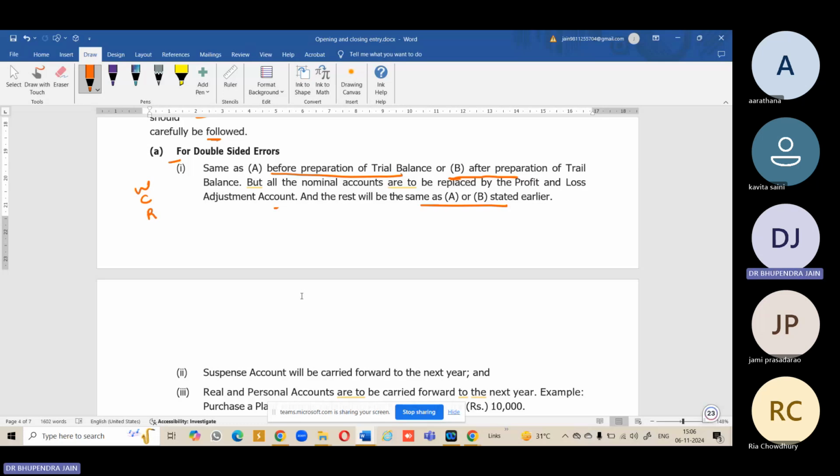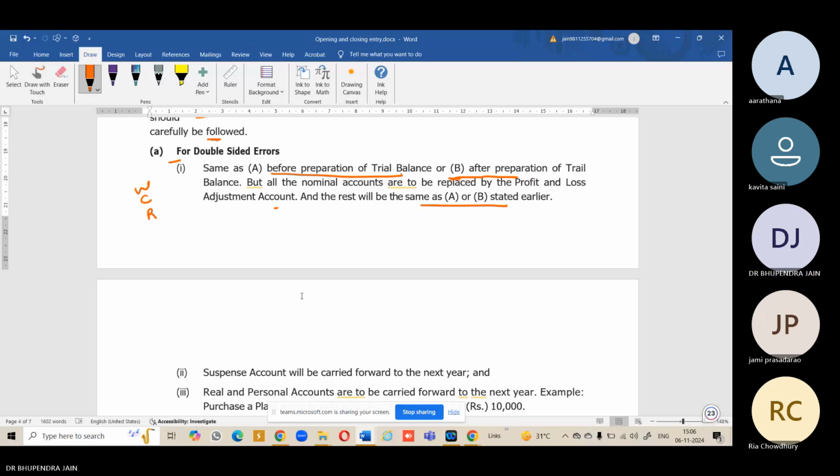If the double side error occurs due to the nominal account, we will replace it by the profit and loss adjustment account. But for all the rest, if the error is related to personal account and real account, then we will use the same method of A and B. A means before preparation of trial balance and B means after preparation of trial balance. That means wrong entry, correct entry, and rectified entry.